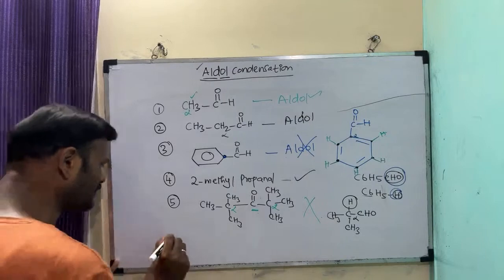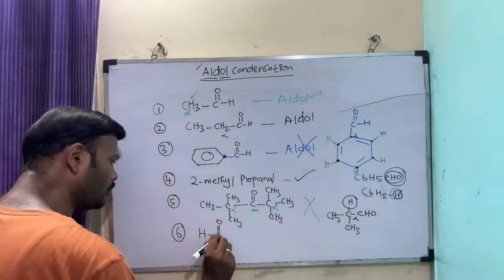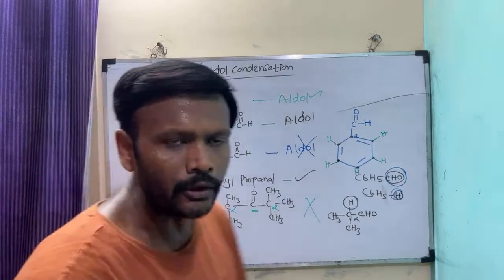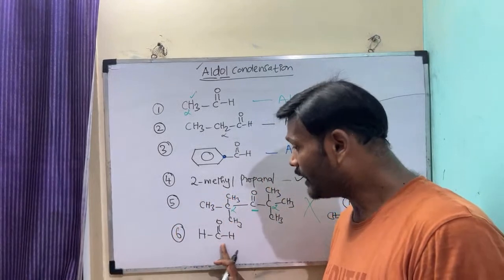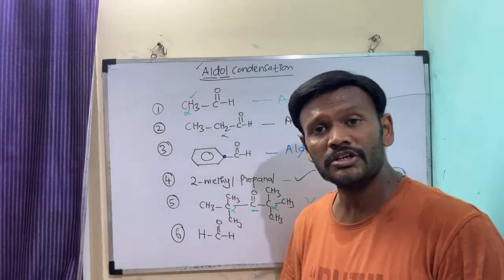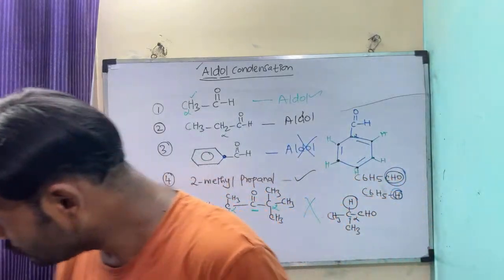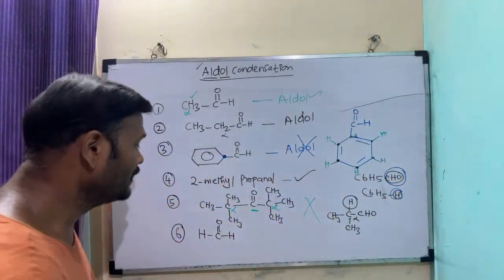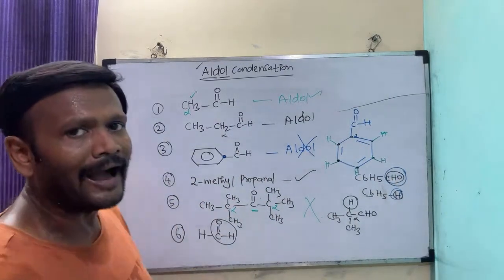Then suppose this molecule, the sixth one: H-C double bond O. What is the name of the molecule? The name of the molecule is formaldehyde. Whether this formaldehyde is involved in aldol condensation or not? Definitely not. Why? Because this is only a functional group; there is no alpha carbon itself.